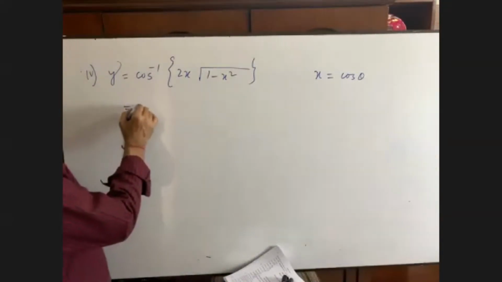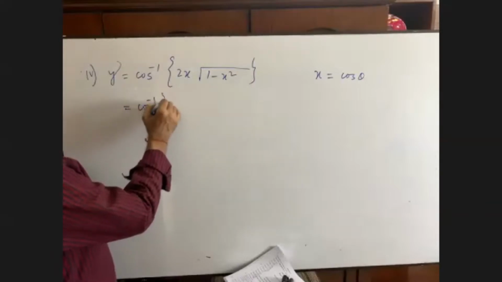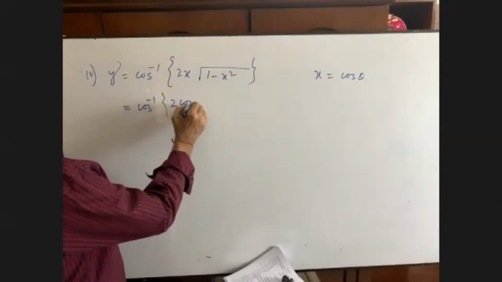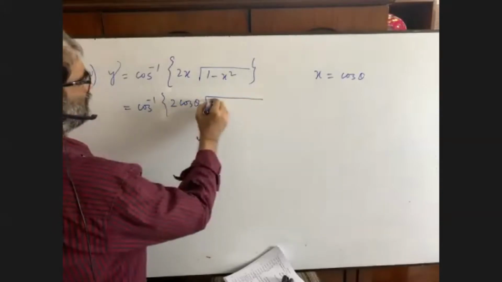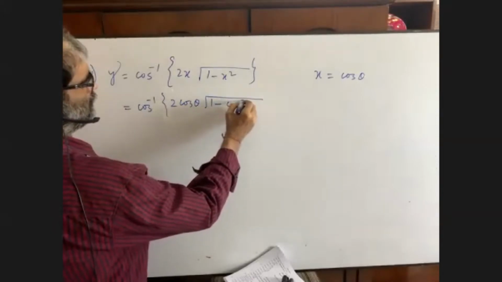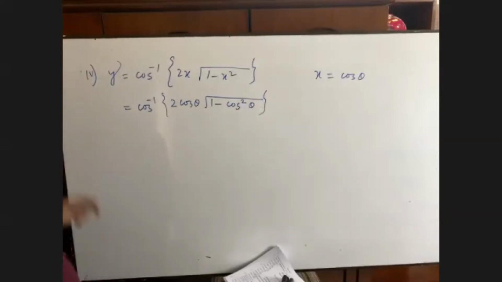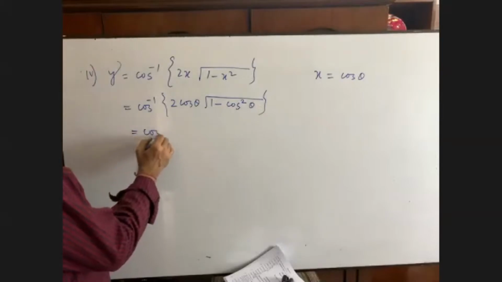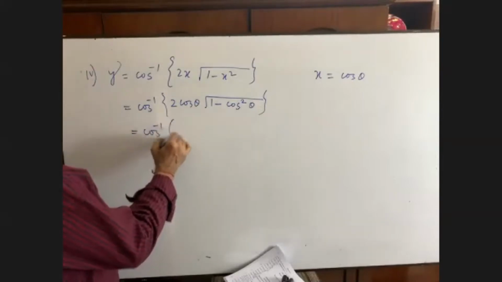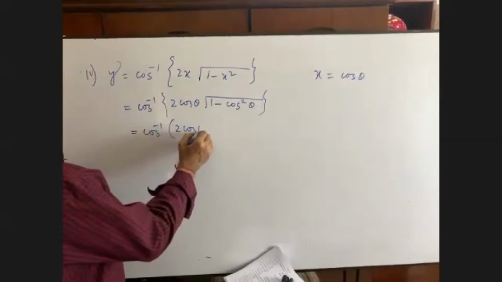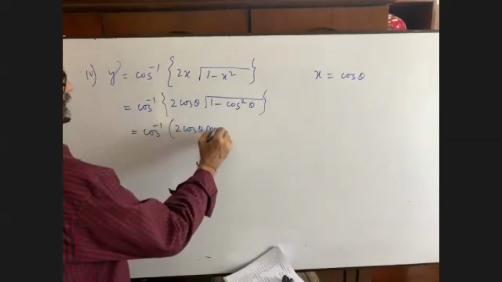Can you do it? Yes. Cos inverse 2 cos theta root over 1 minus cos square theta. Right? That means cos inverse 2 cos theta, it is sin theta.